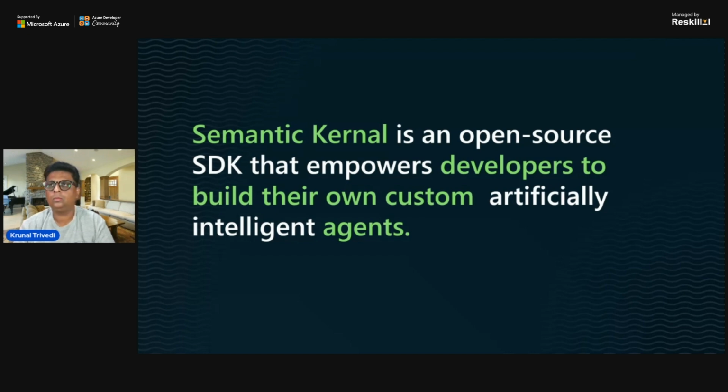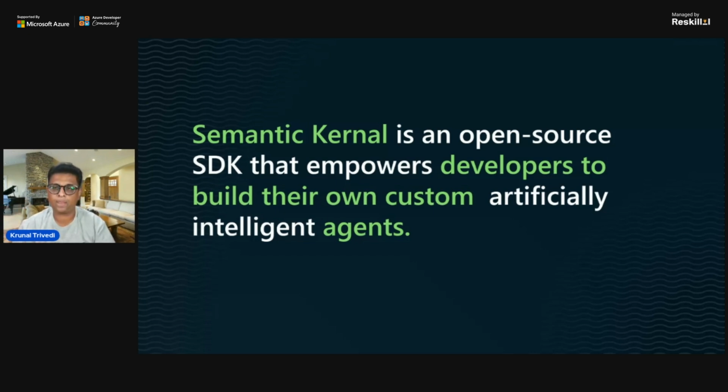So this software piece that you are going to write, you can write in C#, in Java, or in Python, right? As of now, semantic kernel supports these 3 languages. So you can write your custom software which can do certain tasks, and which talks to LLM behind the scenes to get some help.